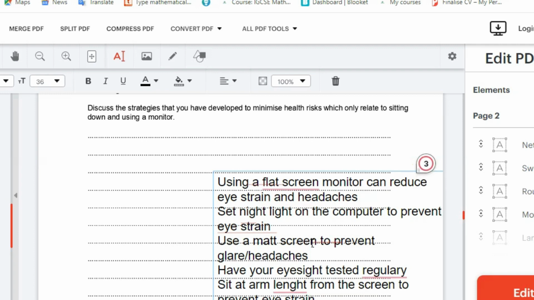Turn the monitor to align with the layout of the room.